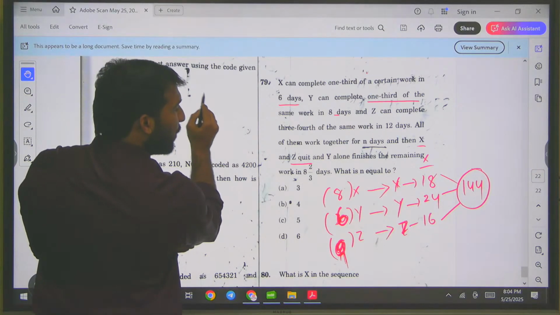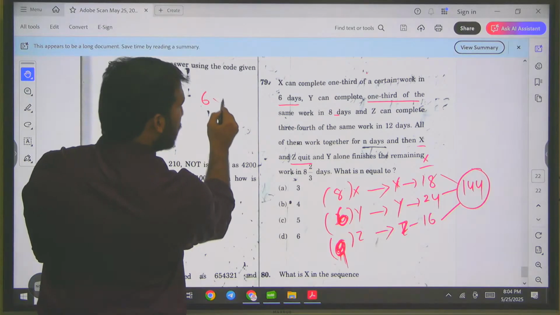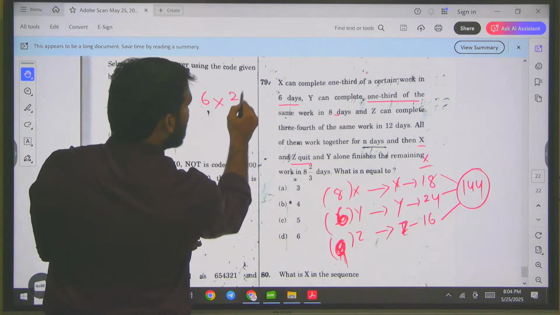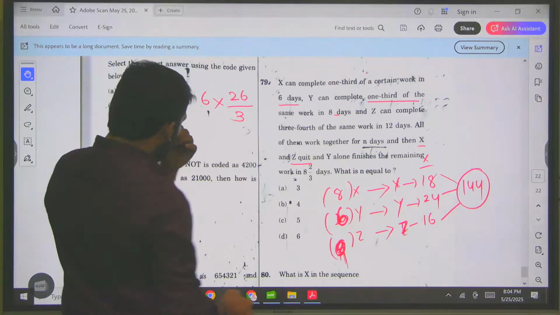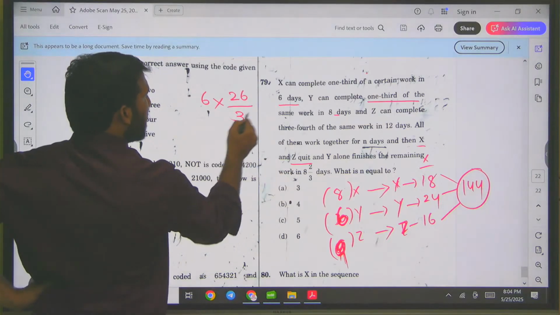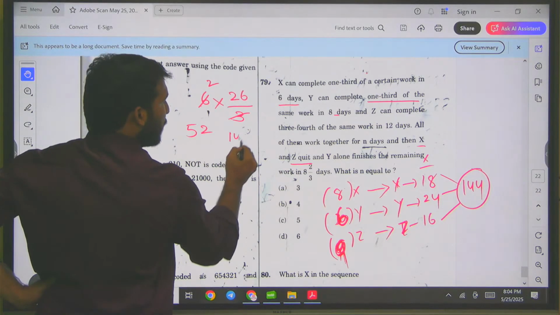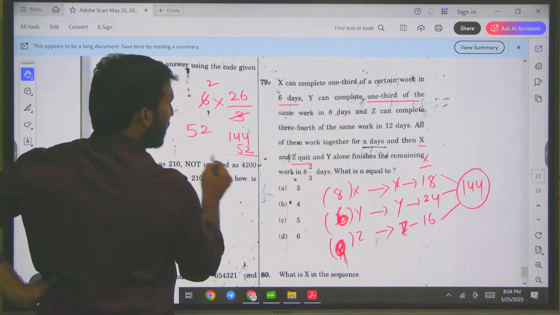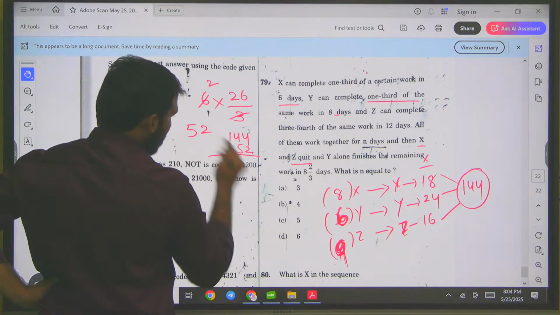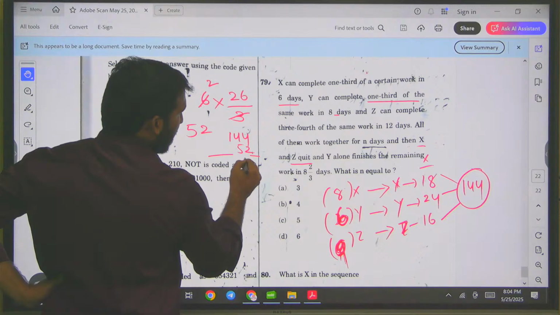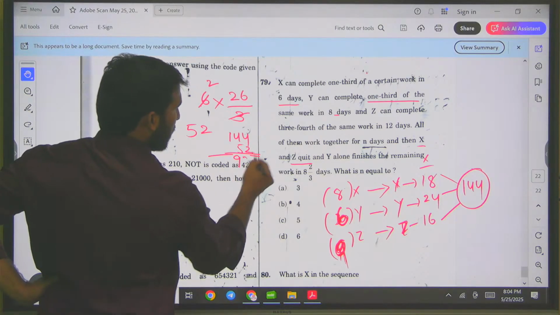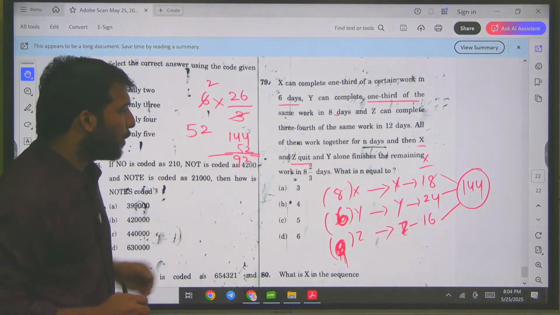If Y works for 26/3 days, 3 ones, 3 twos, which is equal to 52. So of 144 units, 52 is done. Then 92 work units are left.